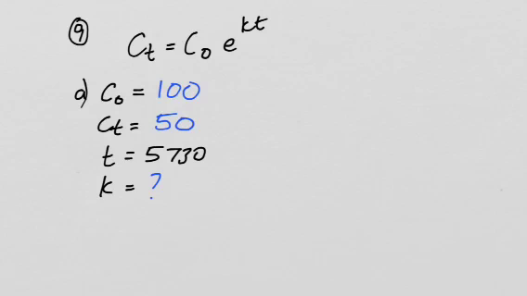And we are trying to find k. So if you put these numbers in, 50 equals 100 e to the k times 5730, you should be able to solve that to get what k equals.